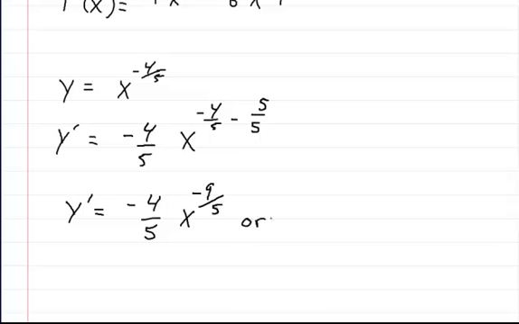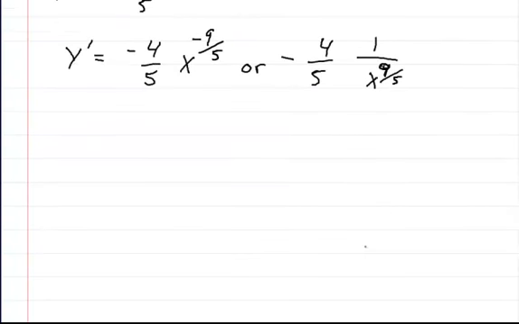And you could rewrite this as -4/5 times 1 over x to the 9/5.